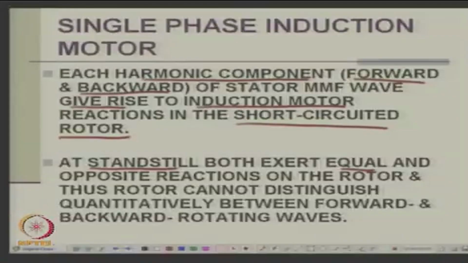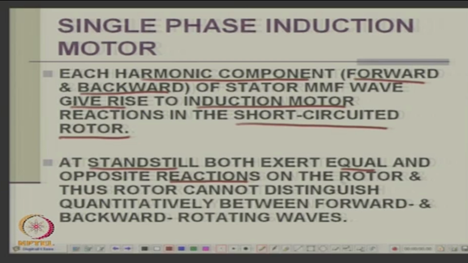Now, at standstill both exert equal and opposite reactions. If the rotor is held at standstill, the reaction is expected to be the same in the rotor conductors, is it not. If the forward field passes at any instant in any bar some x ampere of current, the backward field will also produce in the same bar x ampere of current, right, at that instant.